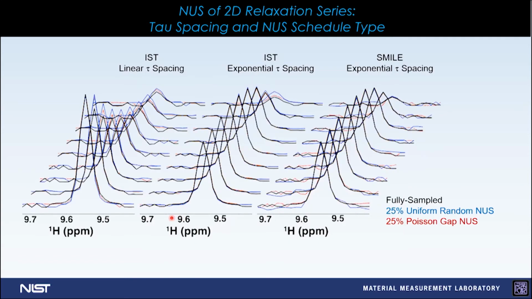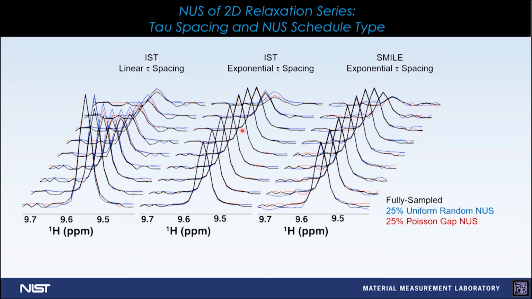So here's some examples of comparisons of line shapes from the fully sampled data, the non-uniformly sampled data, with linear and exponential spacing in the pseudo dimension.